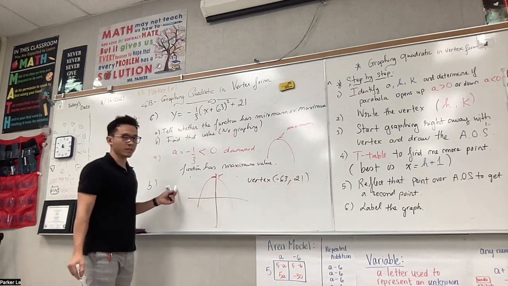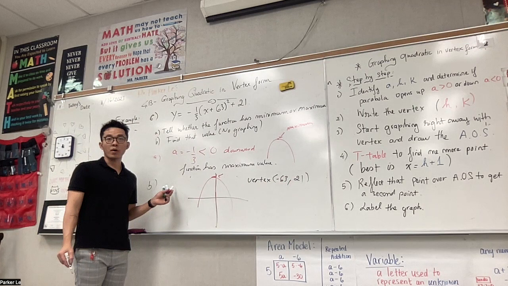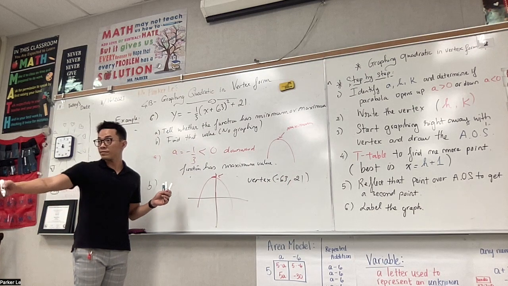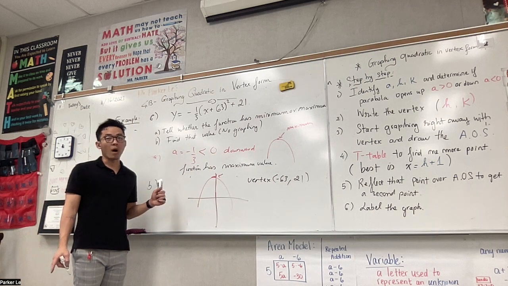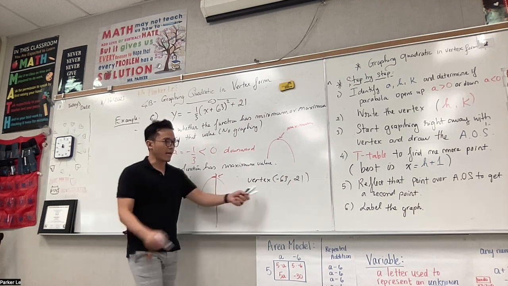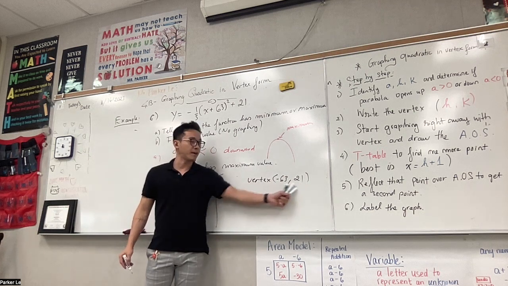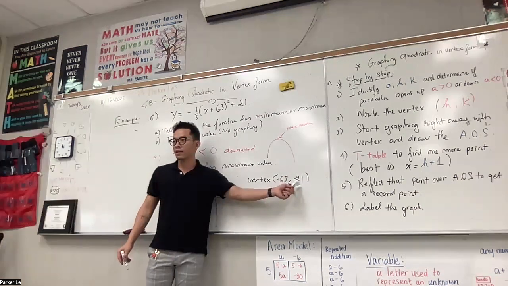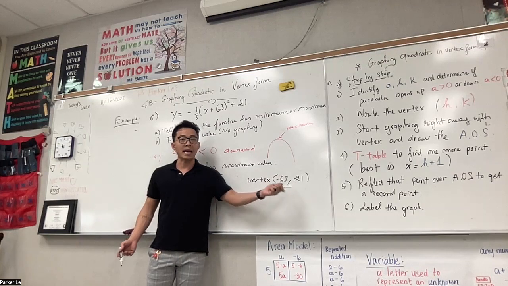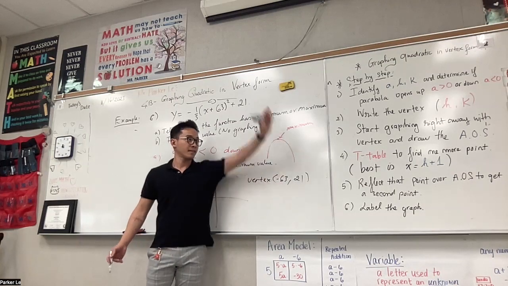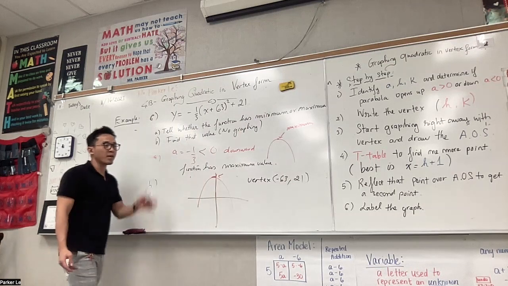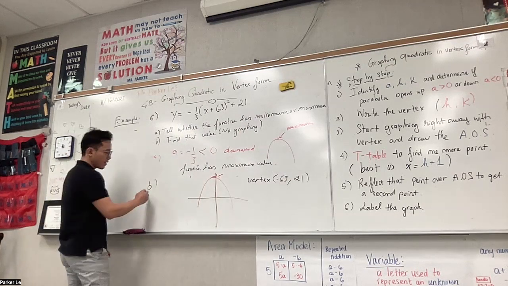So what is your answer for this part B? 21. Y value, y vertex, remember? If you stop right here and just give me the vertex, I'm going to get hung up, because it shows me you didn't understand what they asked you. You need to give me the y vertex.